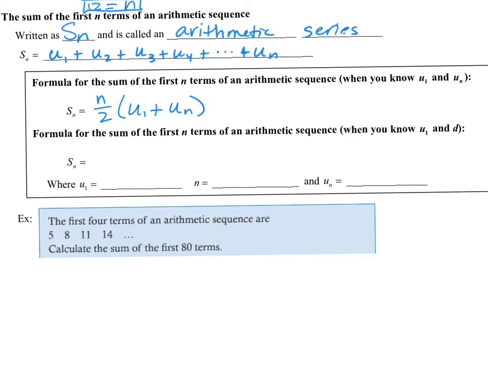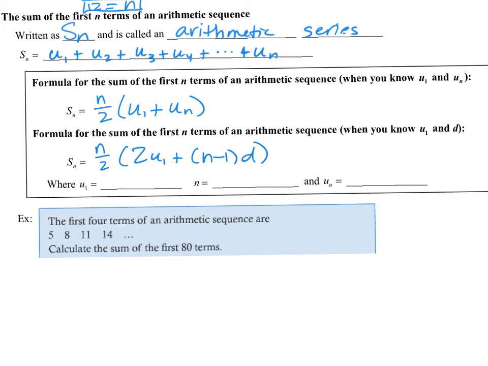But sometimes we don't have all that information, so we have a second formula for the sum of the first n terms of an arithmetic sequence. We'll use that when we know u sub 1, which is the first term, and the common difference. That formula is S sub n equals n divided by 2 times the quantity 2 times u sub 1 plus n minus 1 times d.